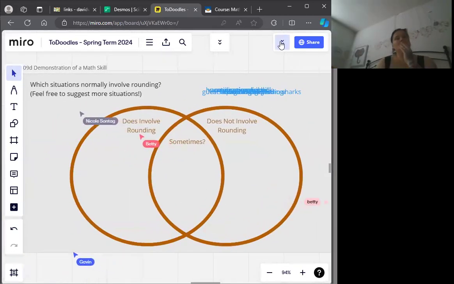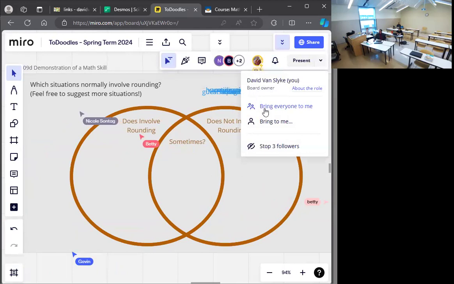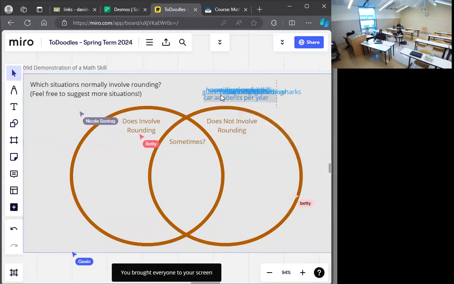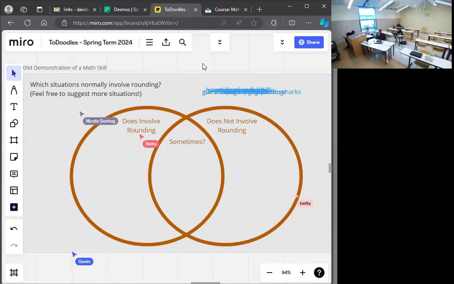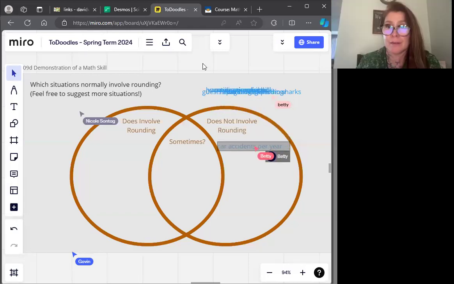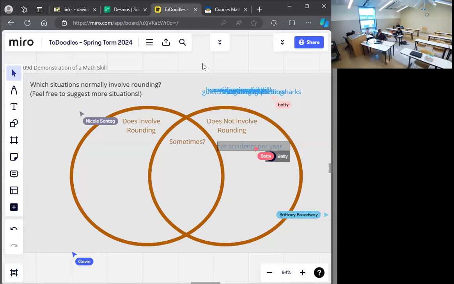Okay, these are the ones that I want you to do more. So grab something from up here, and do these things always involve rounding or never or sometimes? See what Betty grabs. Car accidents per year. Is that something that newspapers and people tend to round?